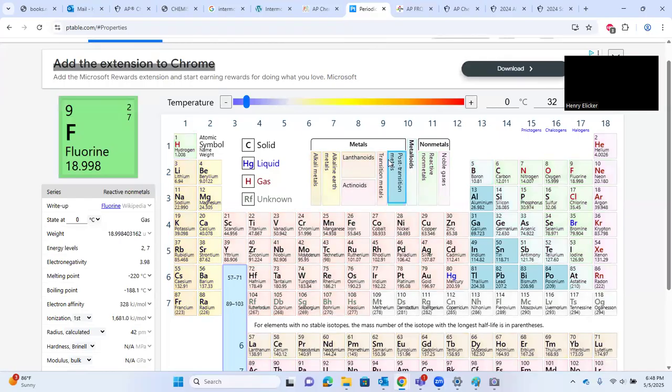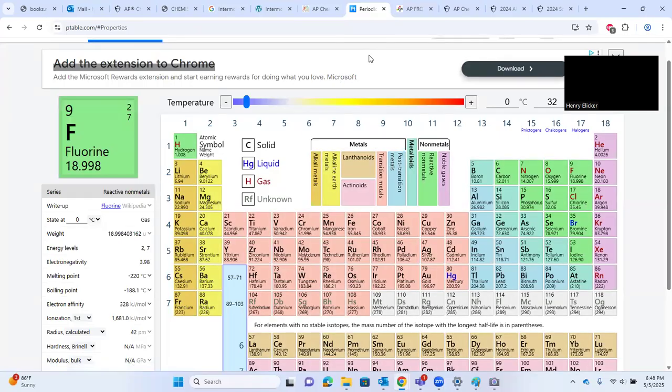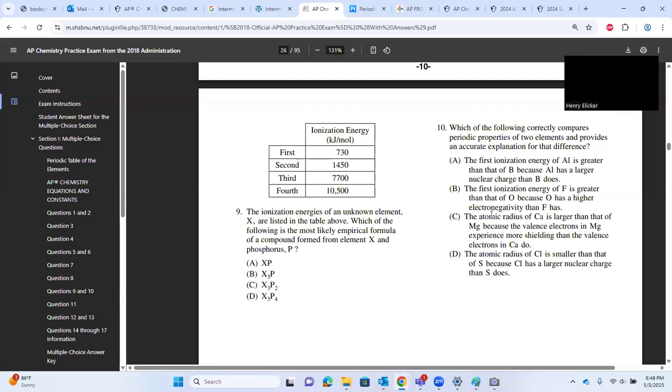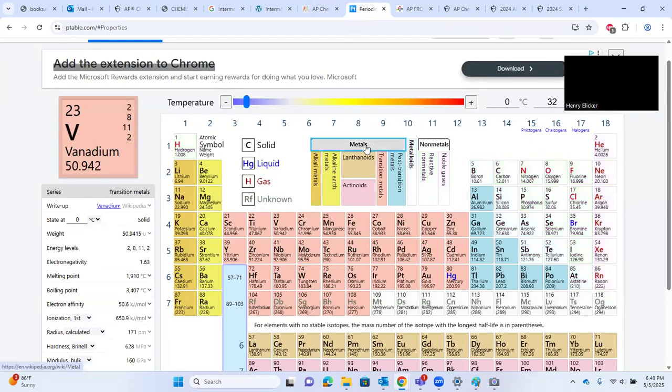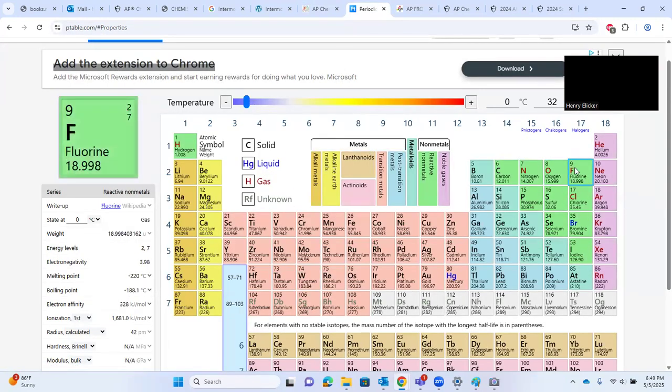And what about the... okay, so it is true the first ionization energy of F is greater than that of oxygen, but it says oxygen has a higher electronegativity. Ionization energy increases up and to the right, so does electronegativity though. Fluorine is more up and to the right than oxygen. It has a greater electronegativity, so that's wrong.